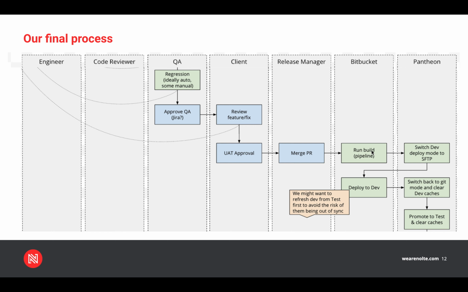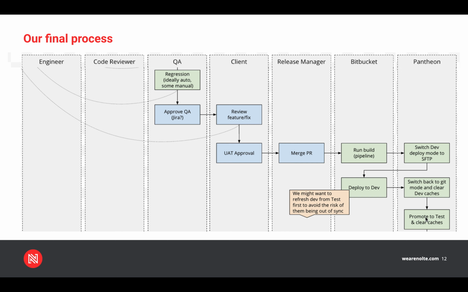Bitbucket then will run build in the pipelines. This build will switch dev deploy mode to SFTP, that is another feature in Pantheon. Once these have been done, Bitbucket will deploy to the dev environment. Then we switch back to Git mode and clear dev caches.